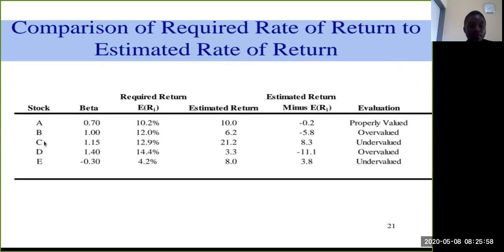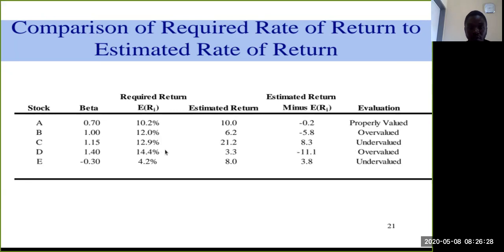And then for firm C, we got 12.9% compared to 21%. It gave us 8.3%. This shows us that it was undervalued, because comparing the value that we required to the estimated value, the estimated value is greater than what we got at the end of the day, and hence it was undervalued.